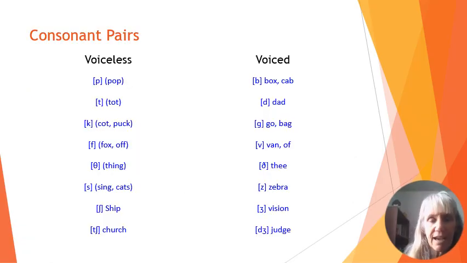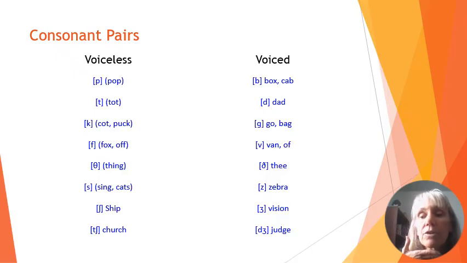So let's look at our consonant pairs to see how they go together, one being voiced, one being voiceless. Voiceless in the first column, voiced in the second. If we look at the first column, the first sound we see is p, as in pop. I hear that p in the beginning of pop and at the end of pop.